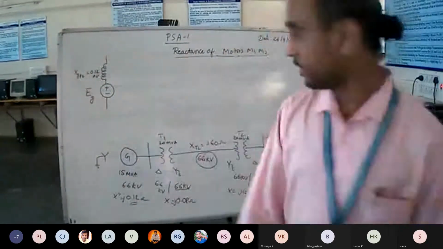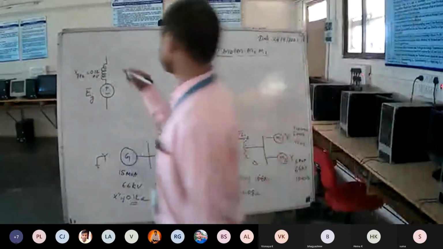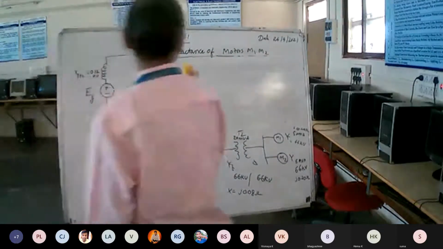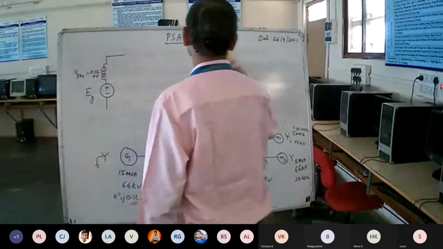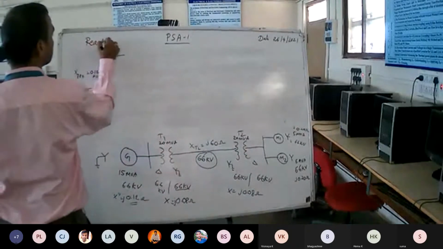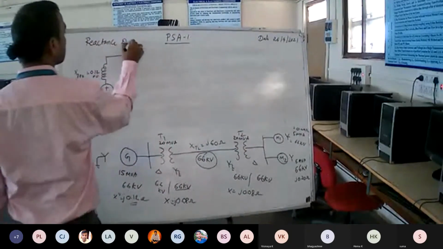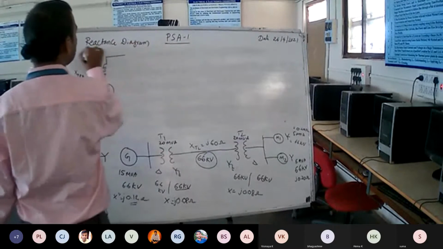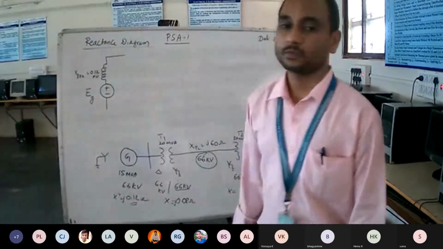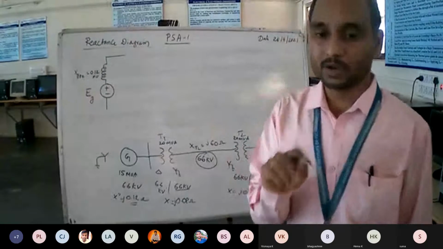Now next we come to transformer 1. How is a transformer represented in the reactance diagram? Only by one coil.